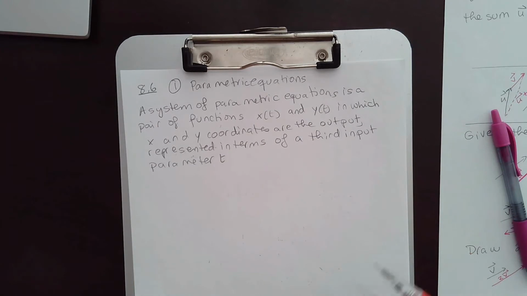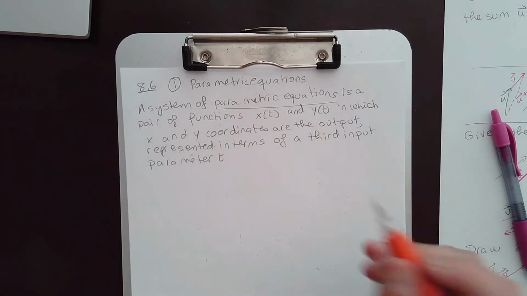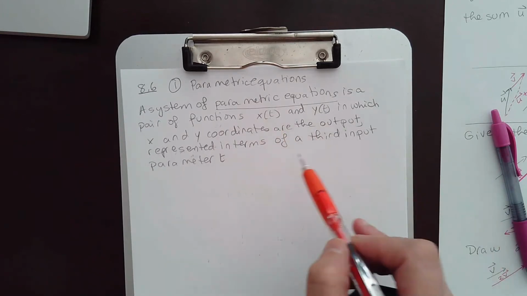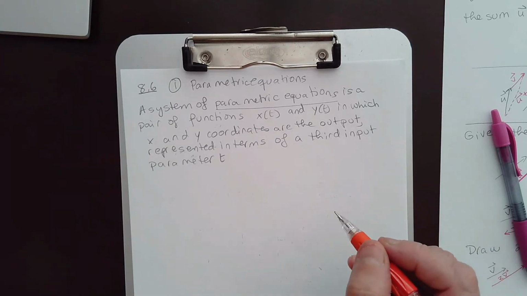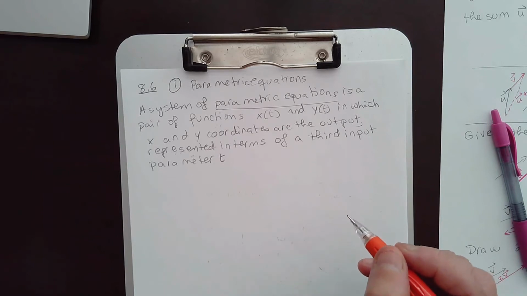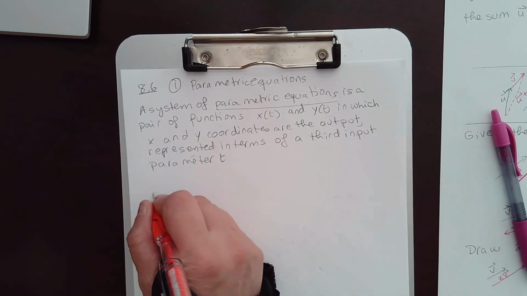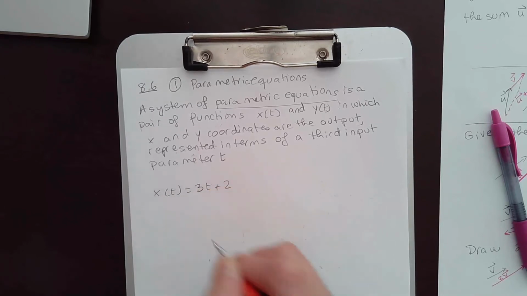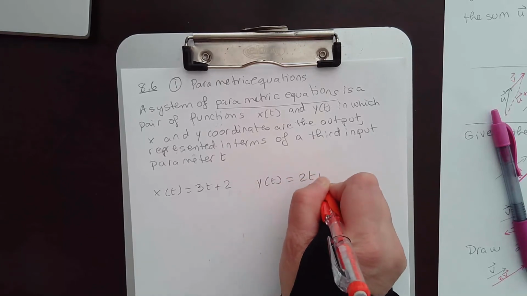So a system of parametric equations is a pair of functions x(t) and y(t). So we have x and y represented in terms of a third input parameter t. So t would be the parameter, okay? For instance, let me give you an example. You have x(t) is 3t plus 2, and y(t) would be 2t plus 3.